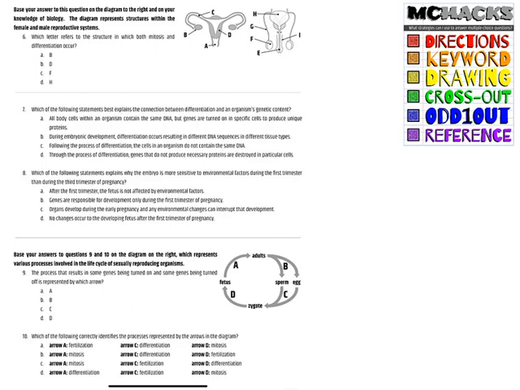Okay. We're going to look at the next questions now. All right, base your answer to this question on the diagram to the right and on your knowledge of biology. The diagram represents structures within the female and male reproductive systems. Question number 6. Which letter refers to the structure in which both mitosis and differentiation occur?